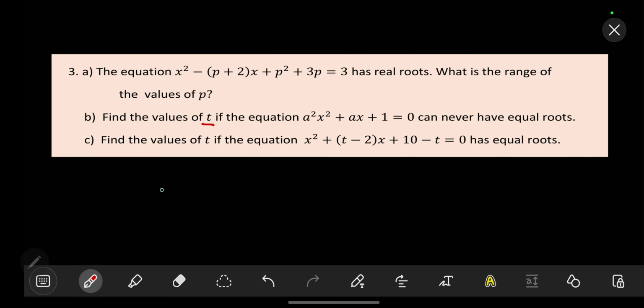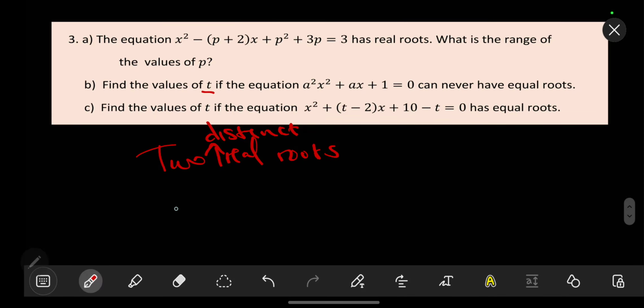That means to say it can have two real distinct, meaning different, roots, or it could have just no real roots. That's the meaning. So the only condition is that this equation must not have equal repeated roots.